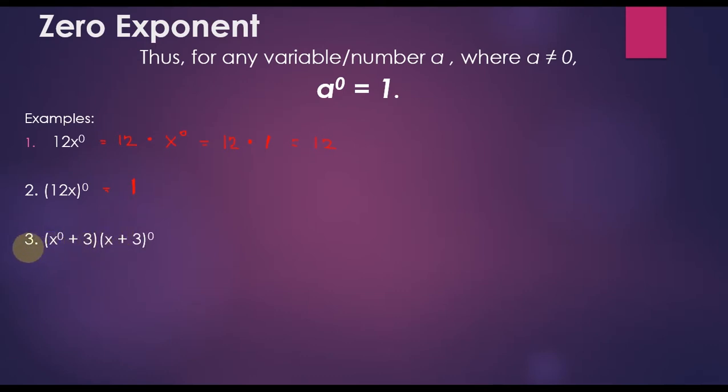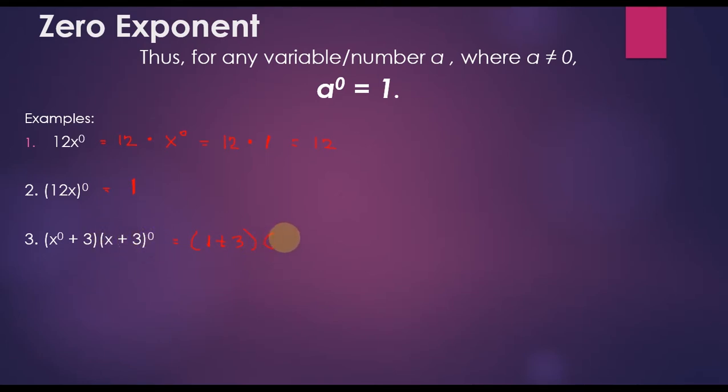So to solve for this one, look at number 3 equals x raised to 0. So let's solve here using PEMDAS. Let's solve first inside the parentheses. So x raised to 0 is equal to 1 plus 3. So just copy that 1 first. And then this whole factor raised to 0 means this whole expression or this whole factor is equal to 1.